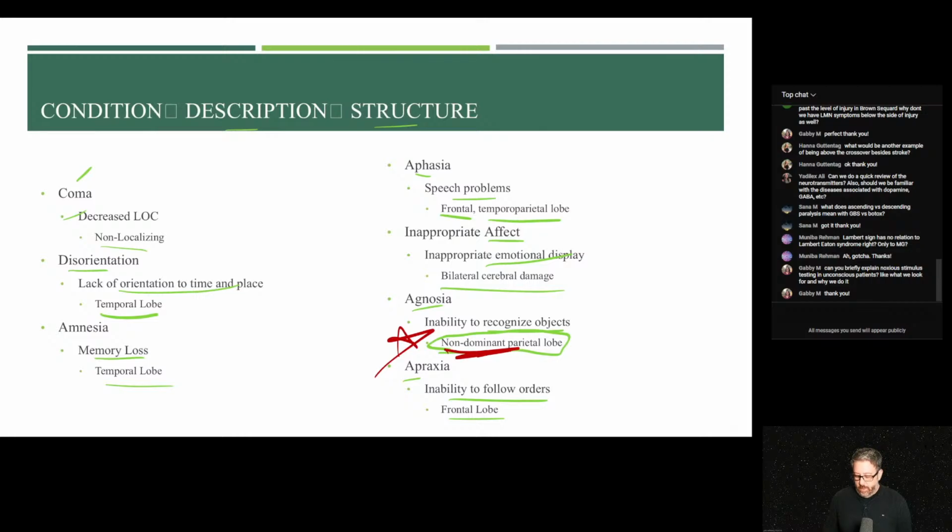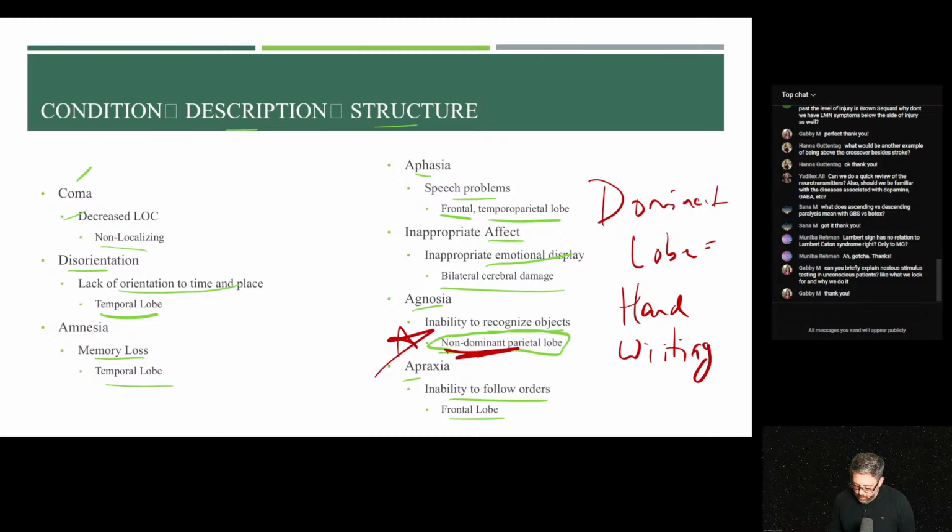Non-dominant, the dominant lobe, handwriting. What hand do they use to write? I am right-handed, so the left side of my brain is my dominant hemisphere. So if you have a patient coming in who doesn't recognize objects in those hands, and remember, they may have it only on one side.